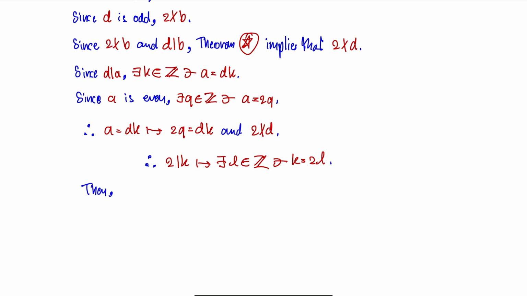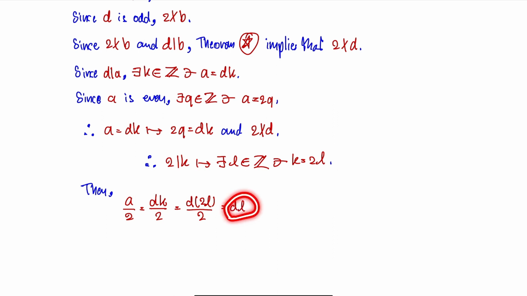What happened to a over 2? So a over 2 becomes dk over 2, right? And k is 2l. So we're going to have d times 2l over 2, and it becomes dl.